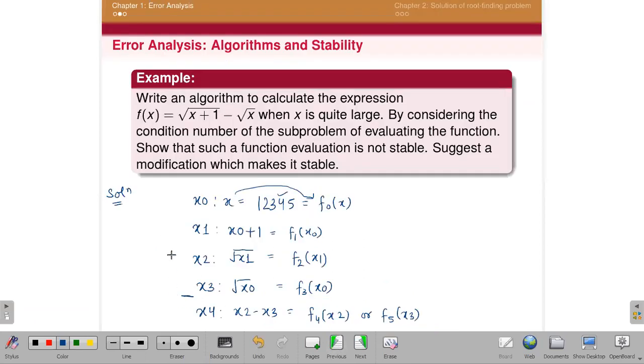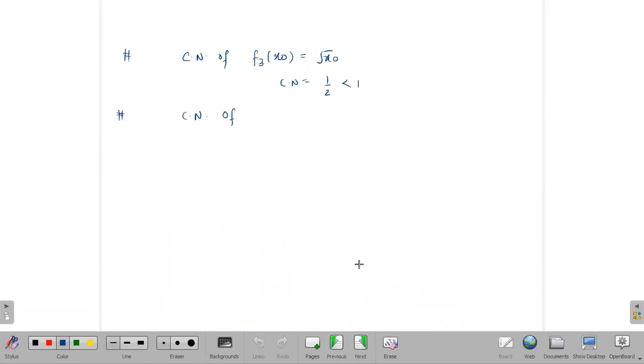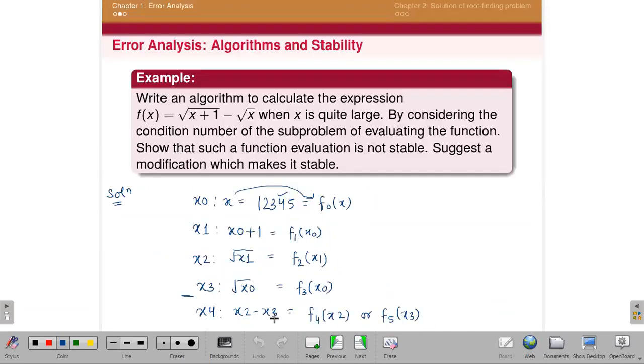Now find the condition number at the last step. Up to this step, it is stable. So check at the last step. You can take either the function of x2 or x3. So if I take x2, then it will be x2 minus x3. So this was the function x2 minus x3.